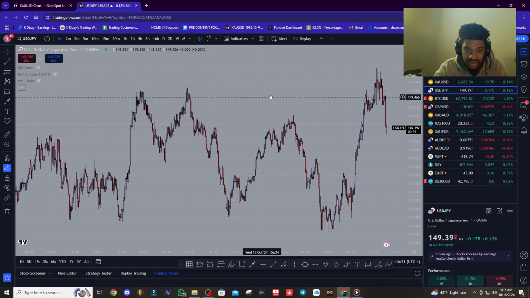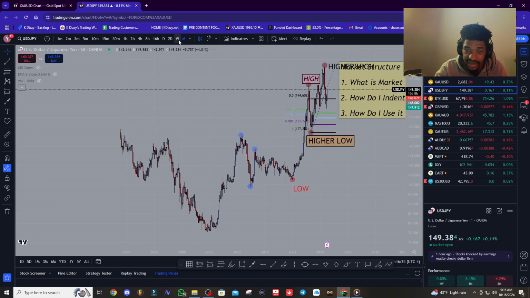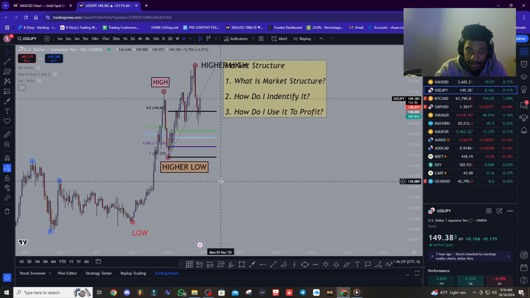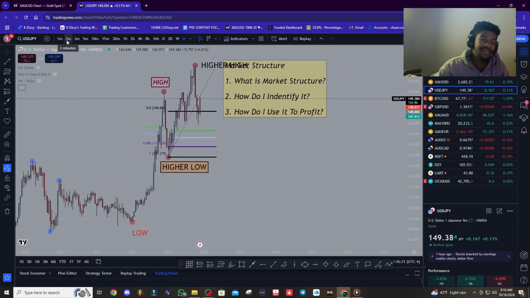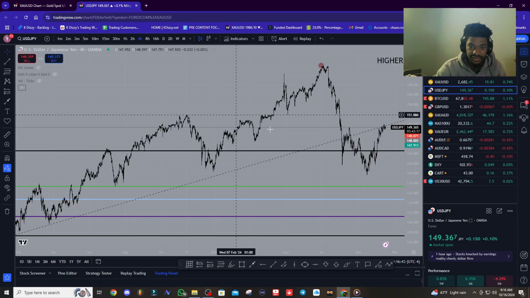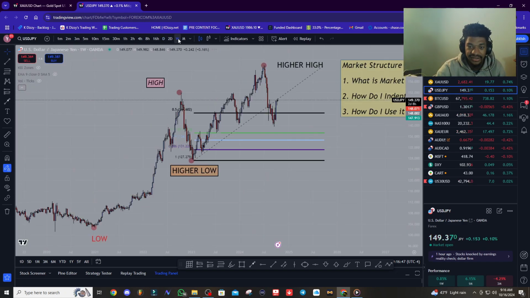This is why I'm teaching you guys market structure from a higher standpoint, because once you understand it from a higher standpoint, the 1 minute is a different monster. I'm not even gonna show you guys. I showed you that, so now you're aware that there's a lot more candles. But even on the 5 minute, it's just a lot more. Even on the 4 hour, like this is the daily, this is the weekly.